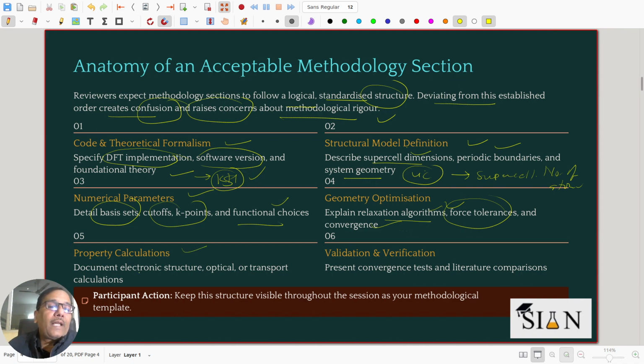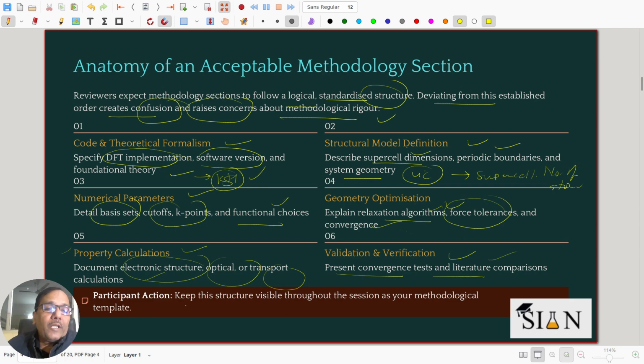And then the property calculation, such as electronic, optical or transport calculation, is given in the fifth part of the sequence in the method section. And then validation and verification, for instance convergence tests and literature comparison, is mentioned in the concluding part of that methodology section.